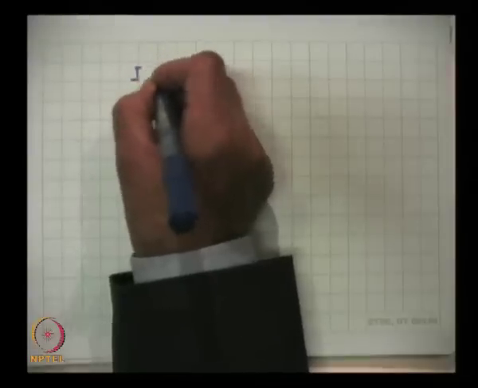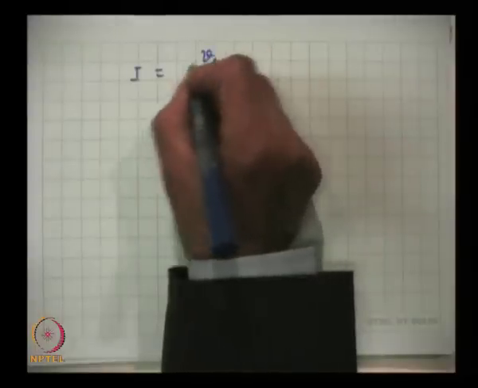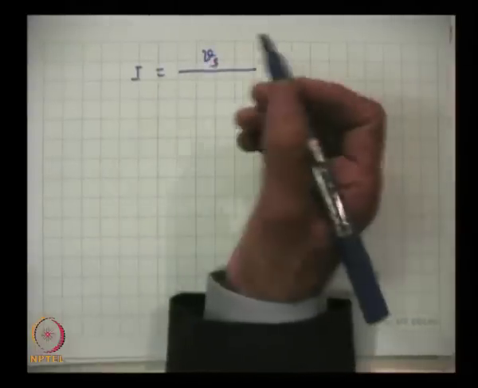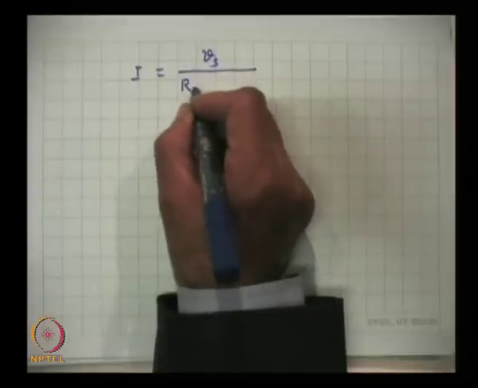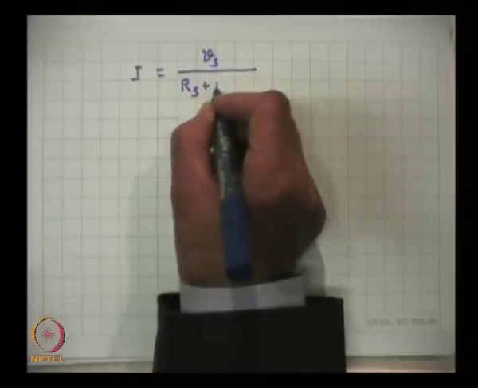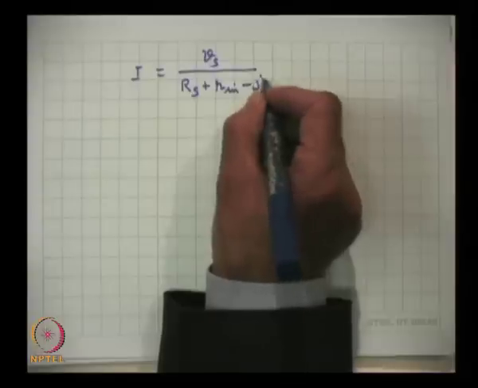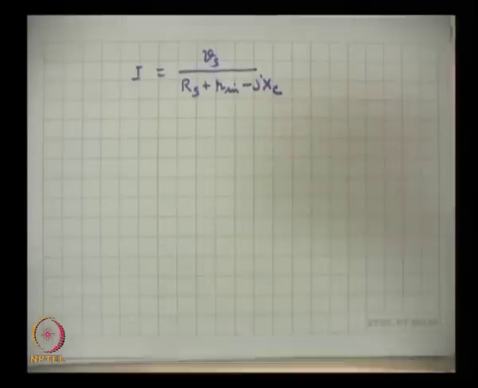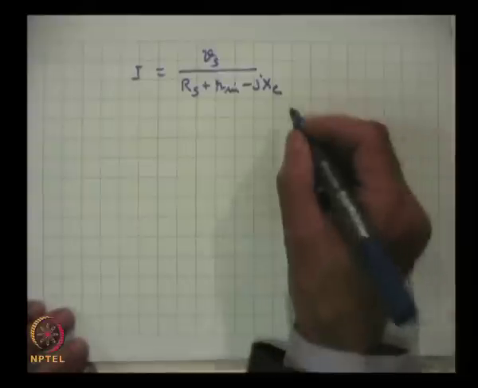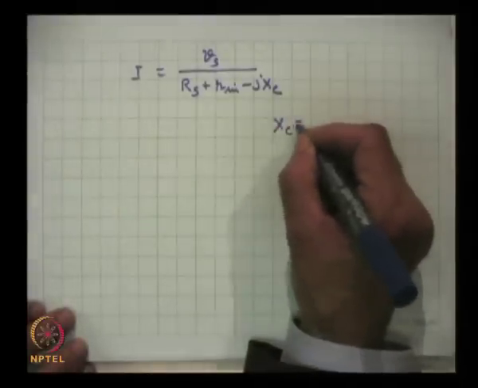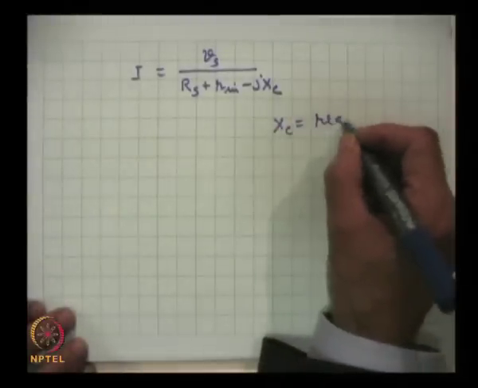The current in the circuit is I equal to Vs divided by the total resistance, because they are in series, Rs plus Rin minus jXc.